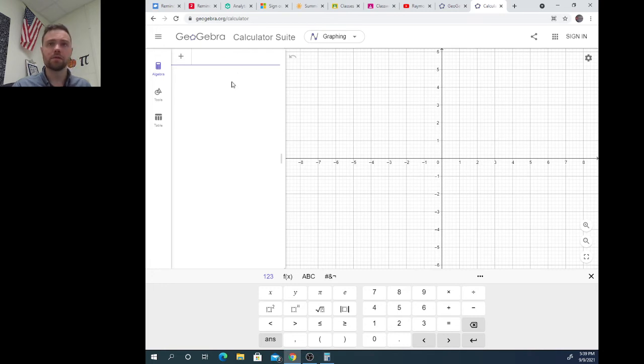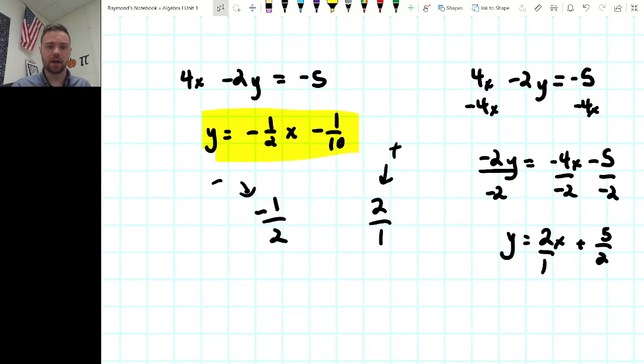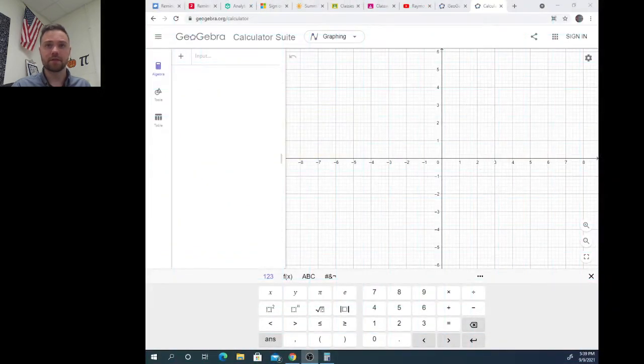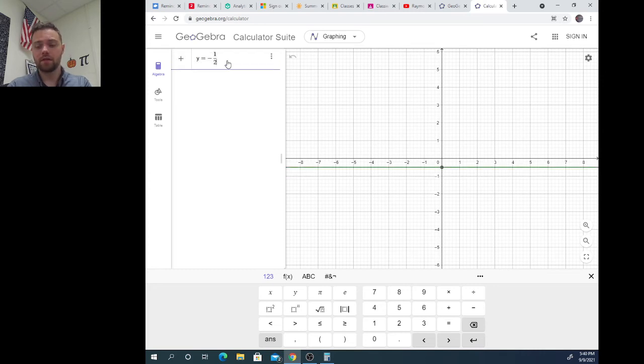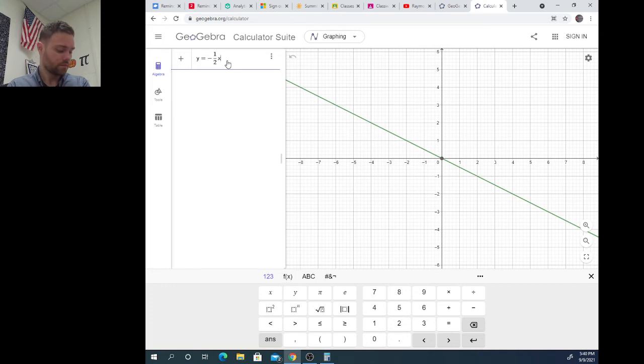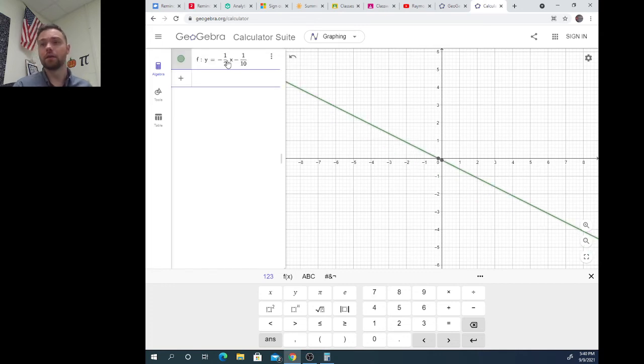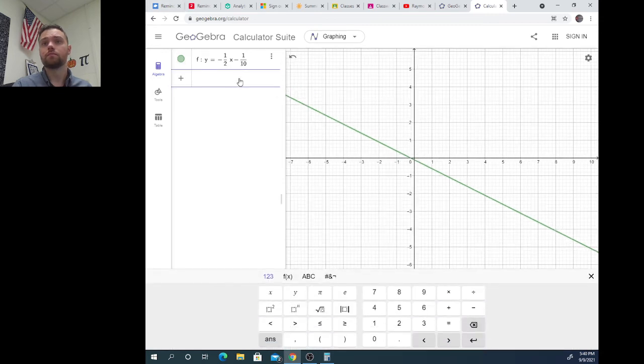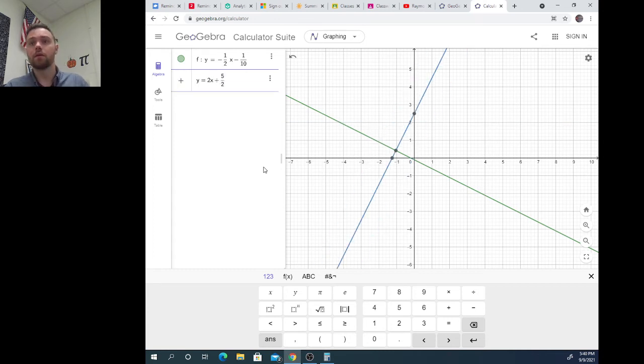So first of all, I'm going to graph this first line, y equals negative 1/2 x minus 1/10. That's that line. The second line we just solved for is y equals 2x plus 5/2.